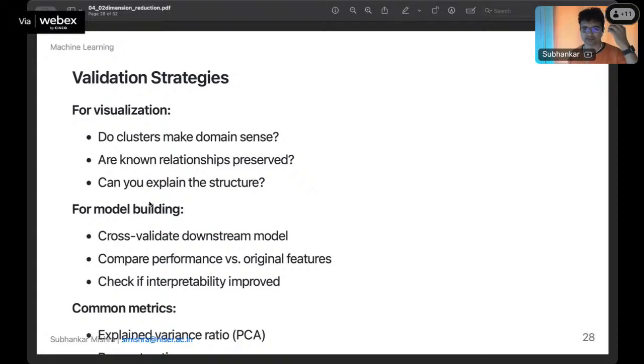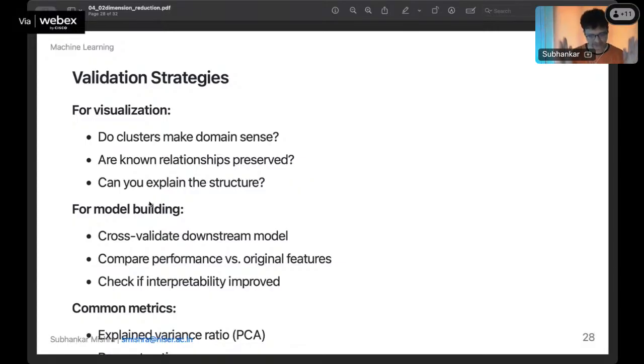So for example, if we did the clustering, and let's say we reduced it to lower dimension and then we ran a classifier on top of it, is it still able to predict correctly? That will decide whether PCA is good or UMAP is good or autoencoder is good or t-SNE is good.